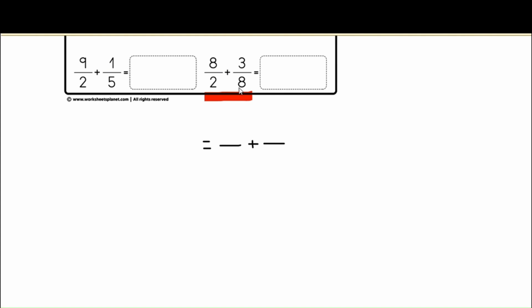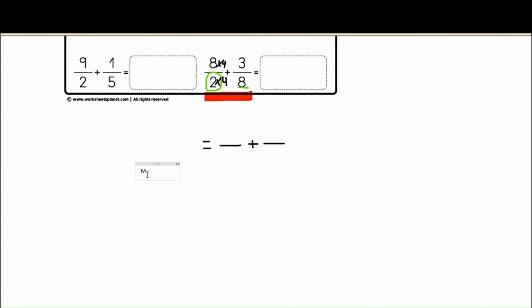That leads us to the next question, which is 8 over 2 plus 3 over 8. Okay, let's do this. Can you see we already have 8 as a denominator, and we also have 2 here as a denominator. So there's no need for us to multiply across each other.